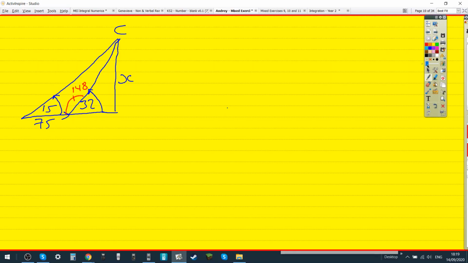So what is the angle up the top left? That would be 17. And then what's this angle here, given that this is 90 for the height, perpendicular height? Will that be 58?